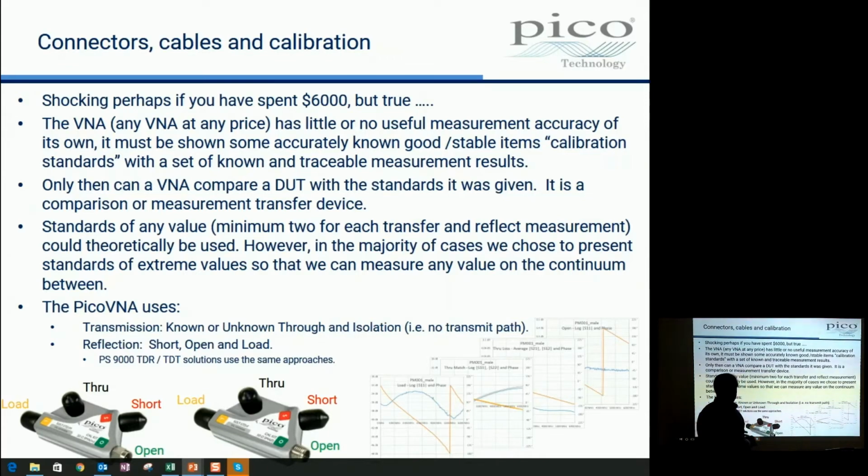Likewise, the through is never going to be no loss. If you put that through in and zoom right in, you're going to see a curve with up to 0.15 dB of loss, because that's the loss of the through. So known data is what we're providing here.